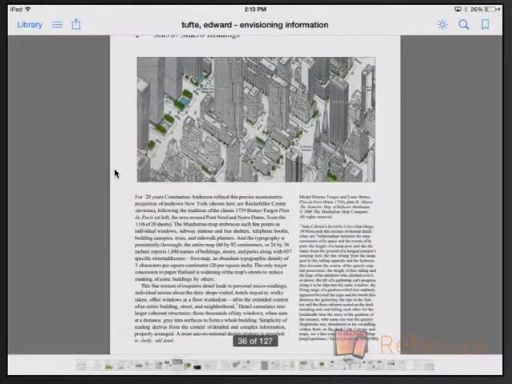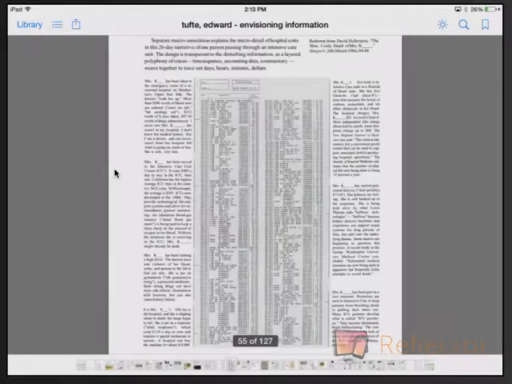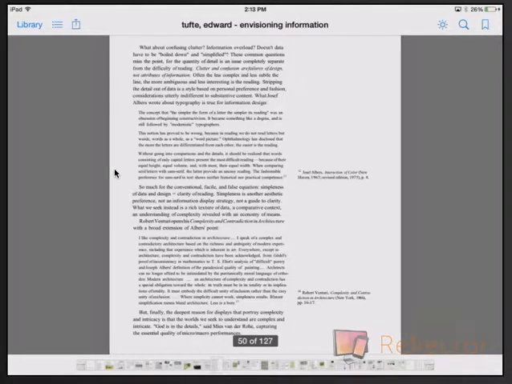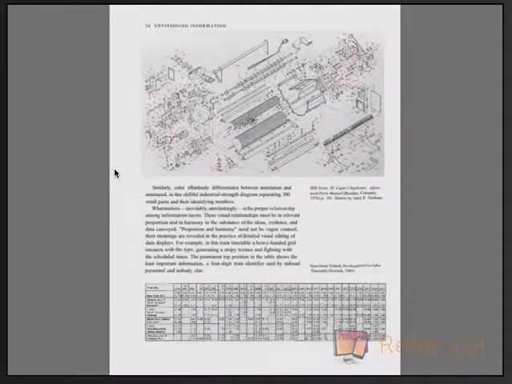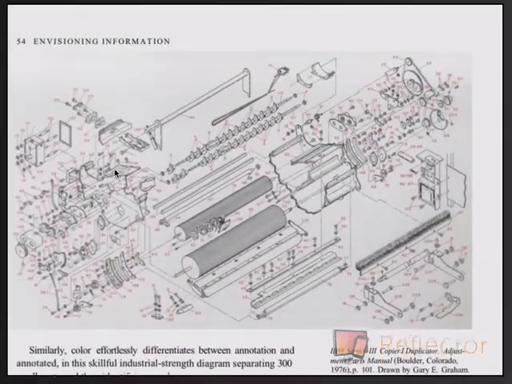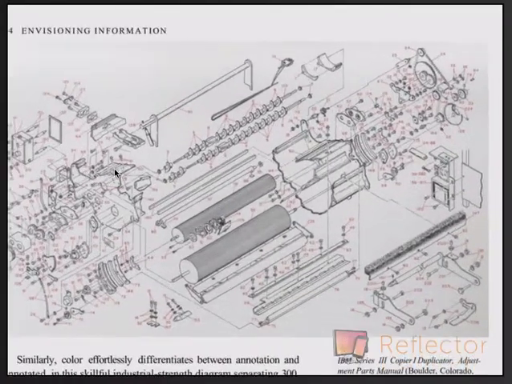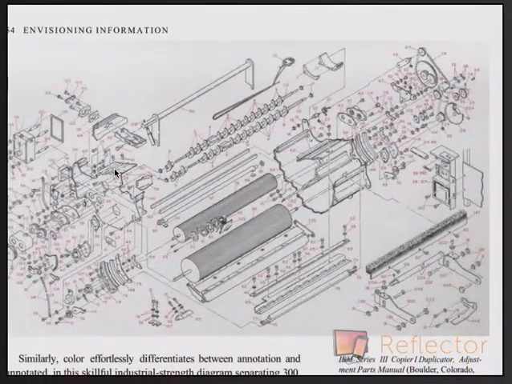The next chapter was on layering and separation, and I think this is a good example. This is a picture of an IBM copier and its parts, where the parts are black, but the labels are in red.